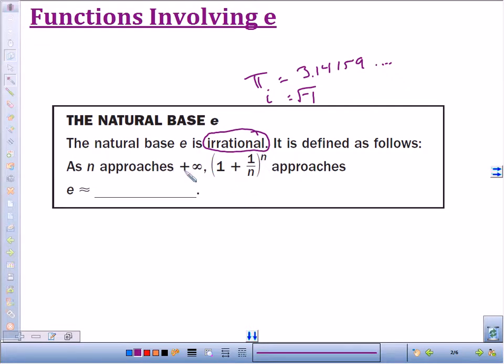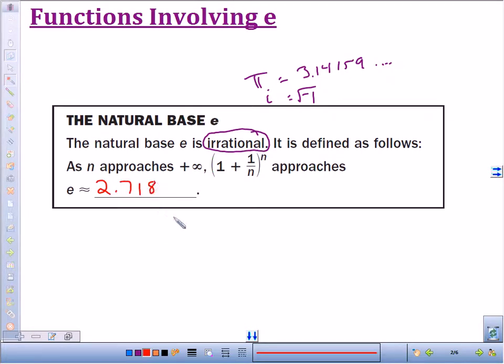Now, as n approaches positive infinity, in other words, as n gets bigger and bigger and bigger, when n is 3, when n is 5, when n is 100, when n is 1,000,000, when n is 2,000,000, when n is 1,000,000,000, as n gets bigger and bigger in this function, e, the letter, gets closer and closer to about 2.718.